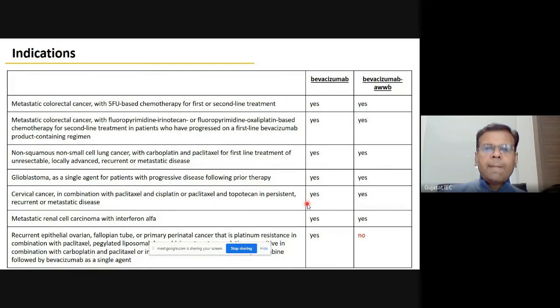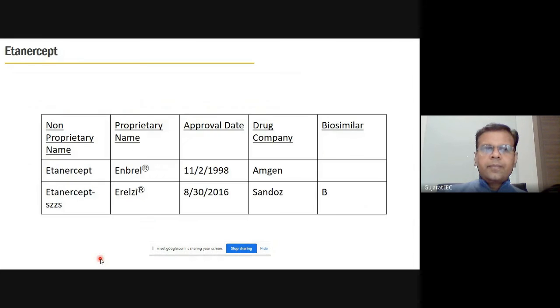However, for the follow-on biologics or biosimilars, you get approval for most of them, but you don't get approval for recurrent epithelial ovarian or fallopian tube cancers.